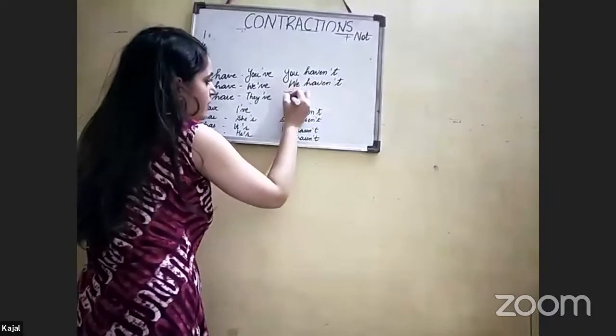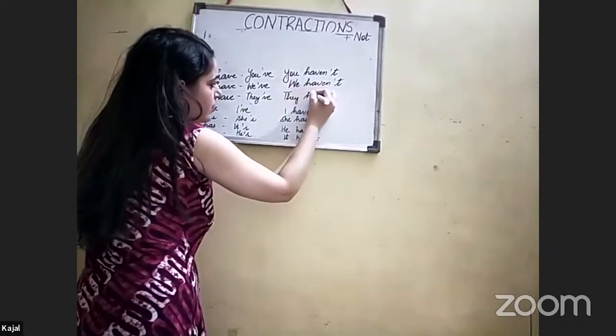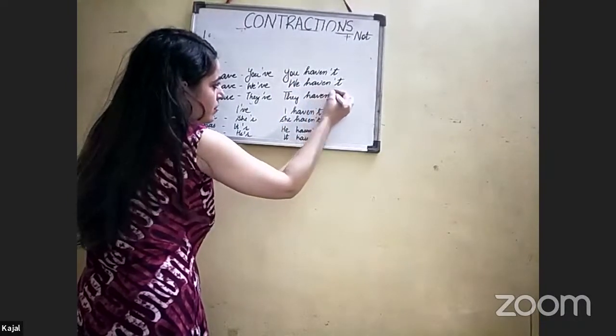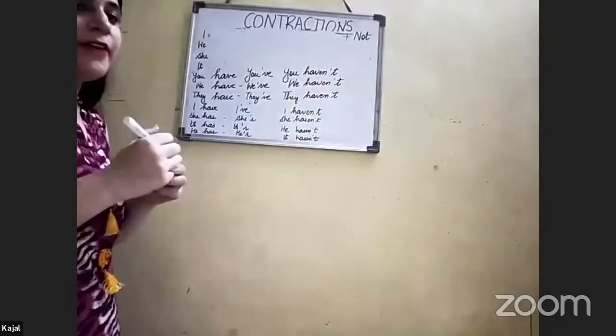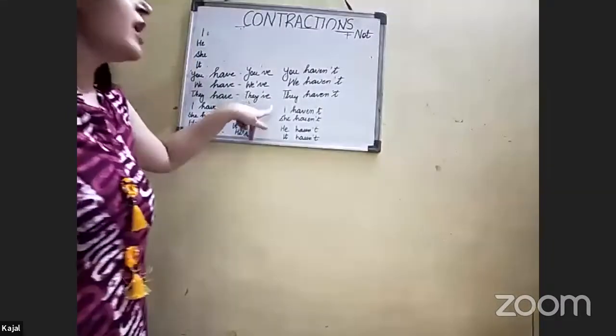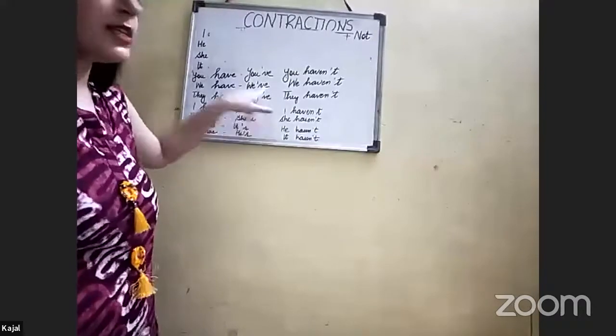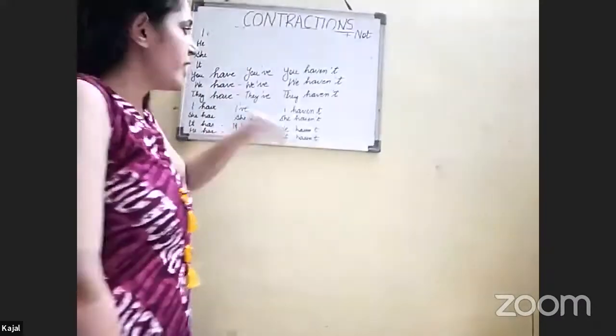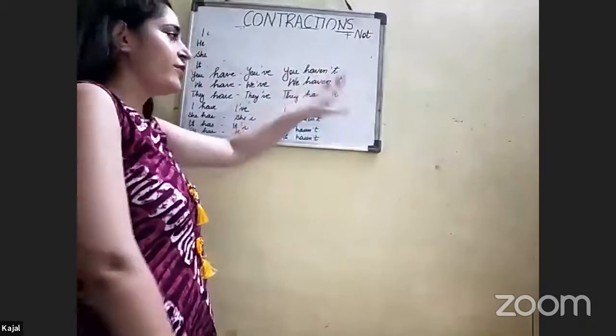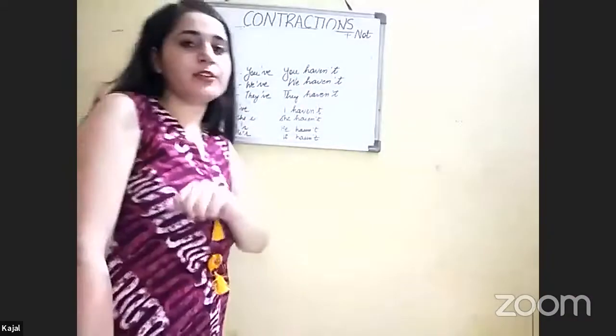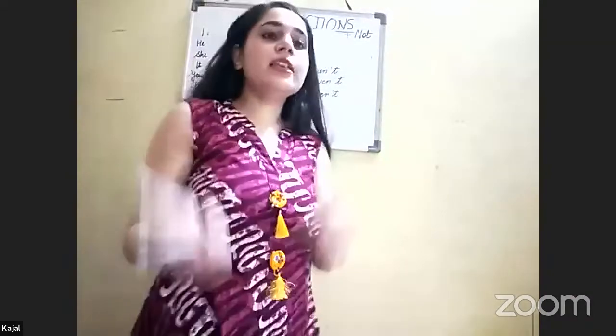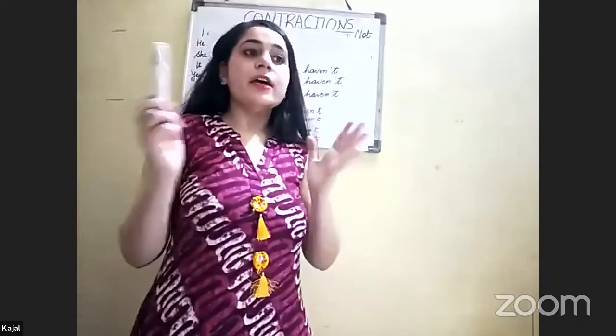They haven't. So we have I haven't, she hasn't, he hasn't, it hasn't, you haven't, we haven't, and they haven't. So till here we have done is, am, are with the negative contractions and have, has with their negative contractions.